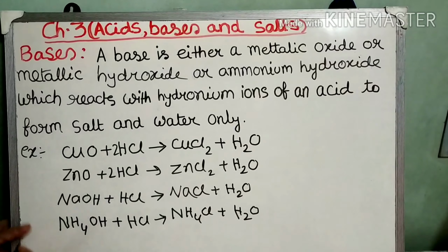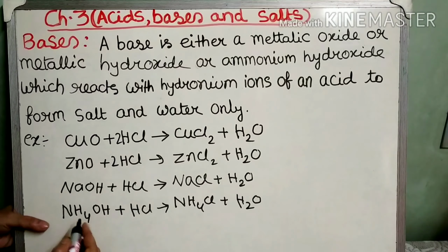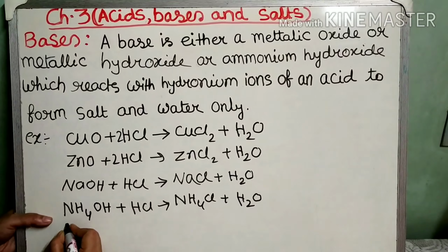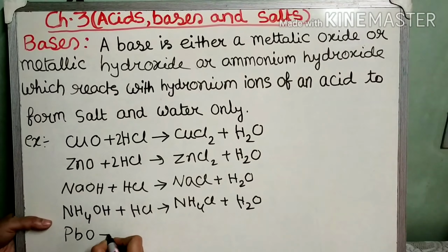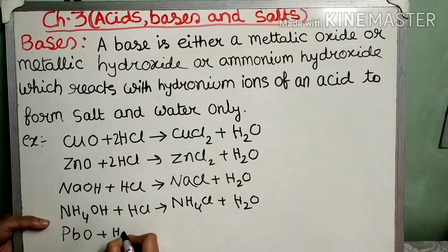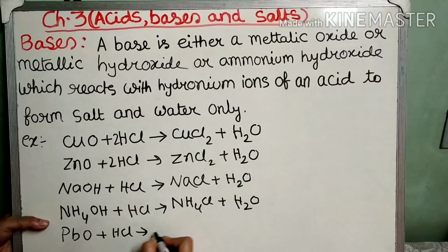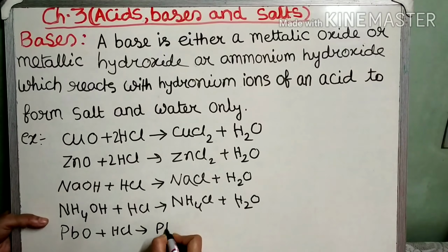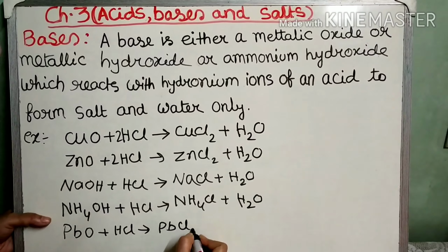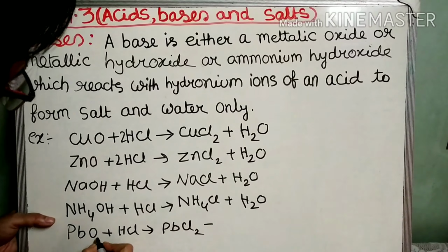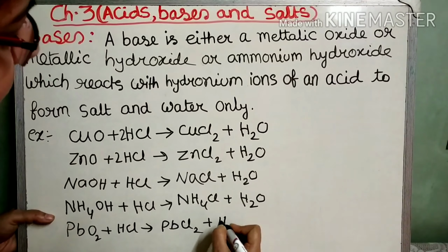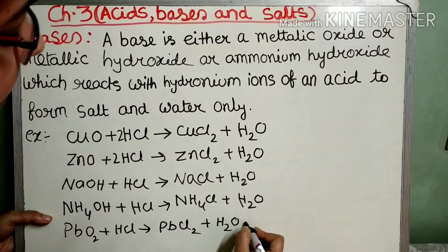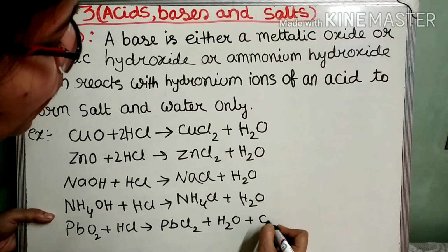But in case of PbO2, this means lead dioxide, when it reacts with acid, then salt, PbCl2, plus water plus Cl2 is formed.